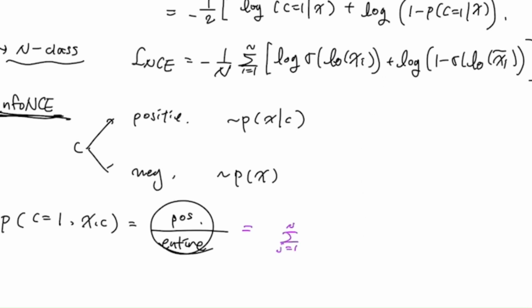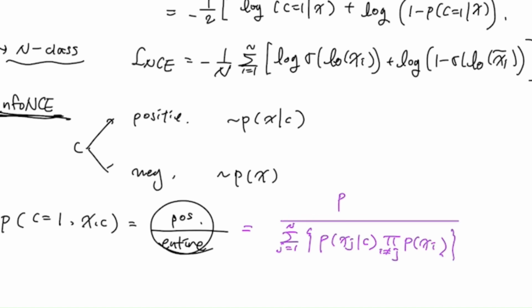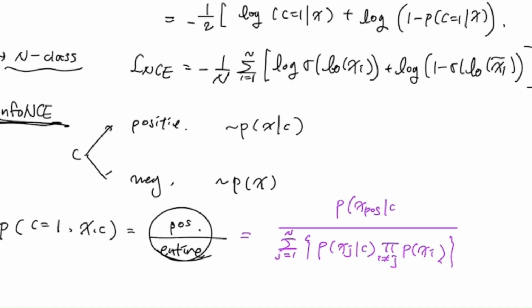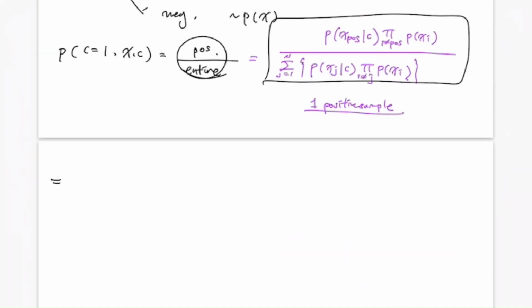You can think that we can write this equation as the summation of p(x_j conditioned on c) multiplied by p(x positive). In this case, as you can see, we only assume we have one positive sample. We can write this equation as the summation, the same p(x_j conditioned on c).